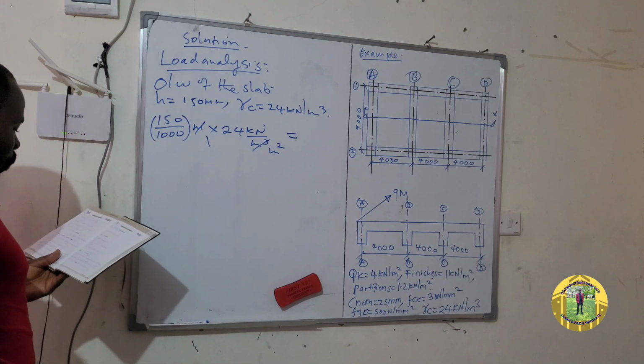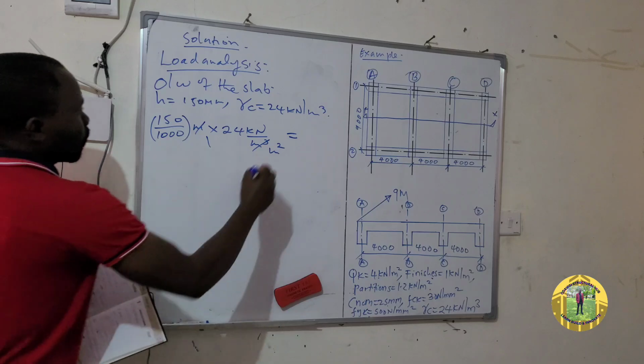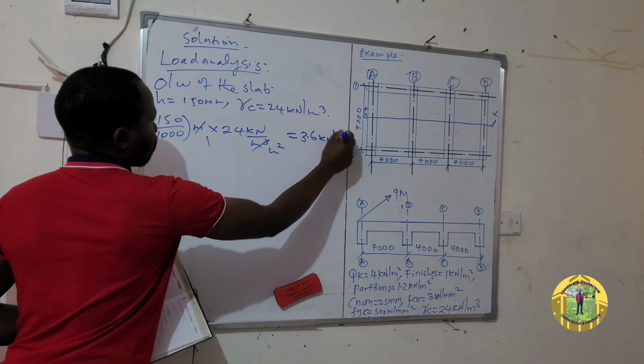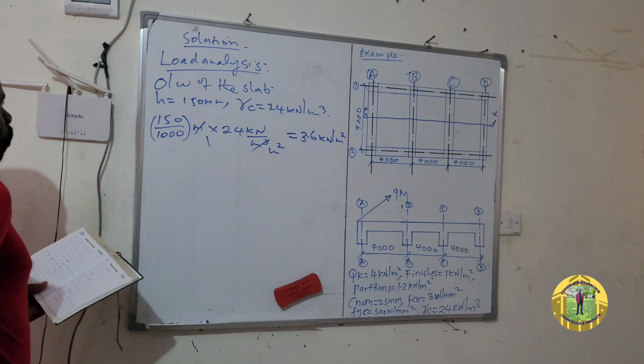The final answer will be 3.6 kilonewton per meter square. So that is the own weight of the slab.